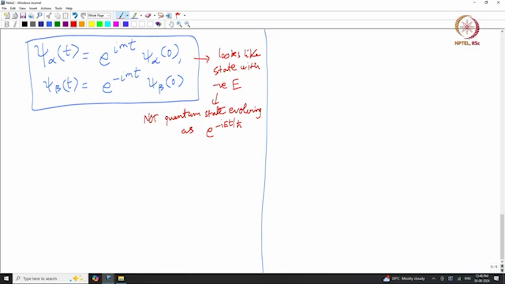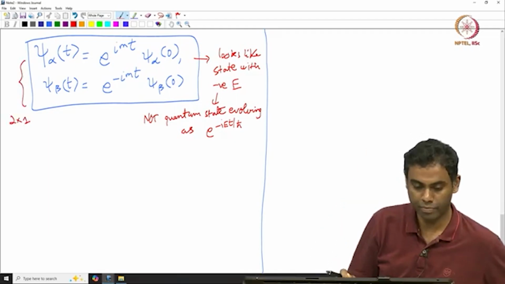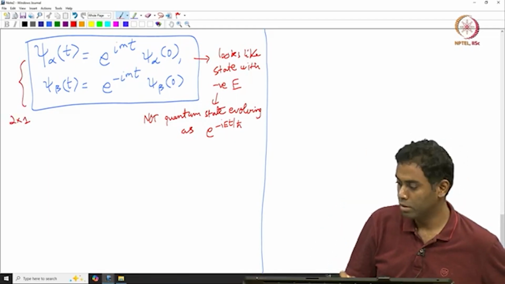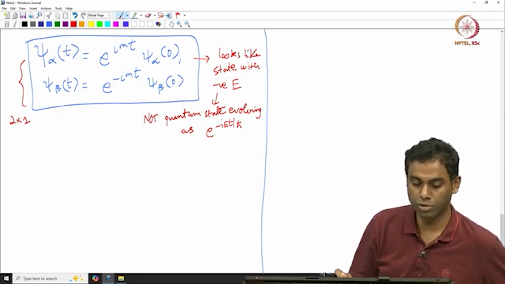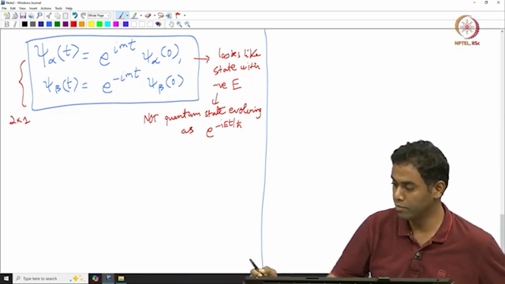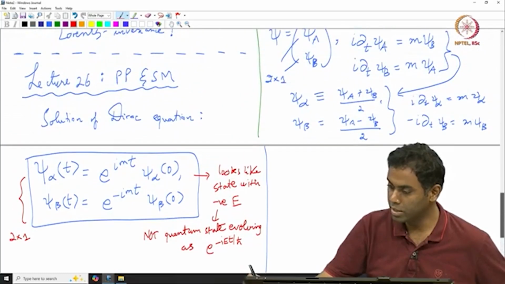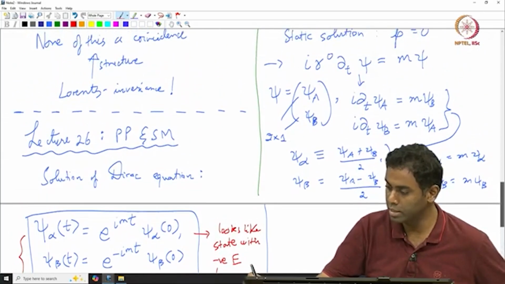So we have now written down, this is also 2 by 1 matrices. We have written all these matrix solutions now, 2 cross 1 matrices, everything is working out well, but it is still not clear what these things really are physically.